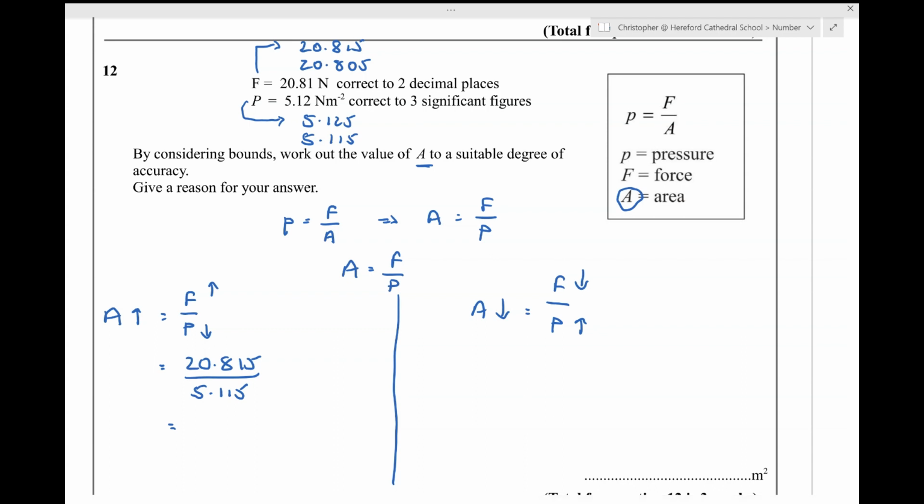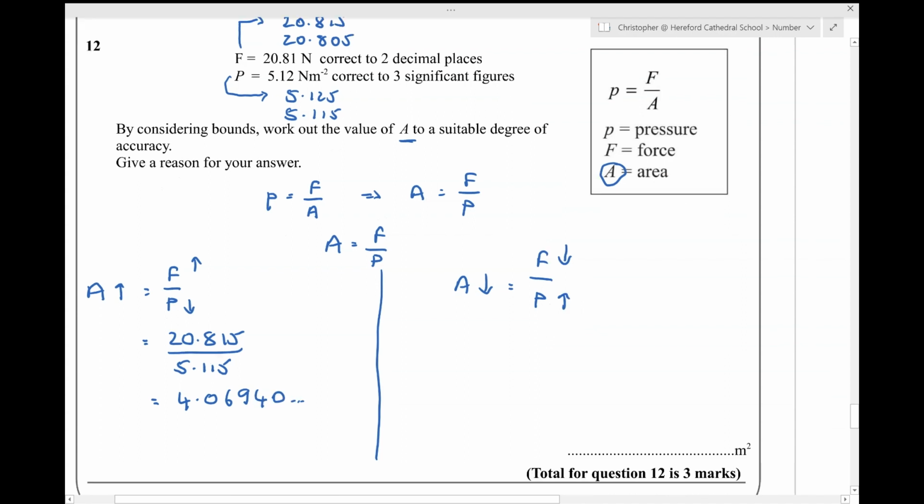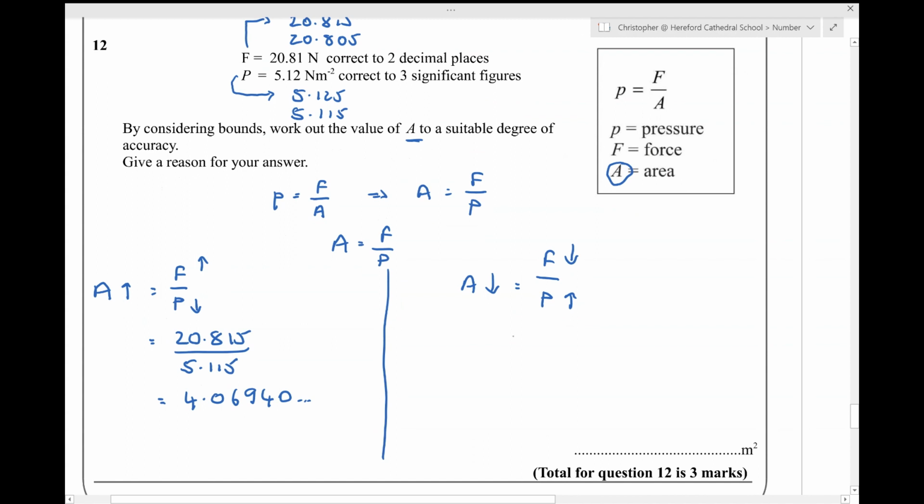20.815 divided by 5.115. Okay, that's 4.06940 and so on. Now the lower bound of A, so I want the lowest possible F, and that's 20.805, and the highest possible P, 5.125.